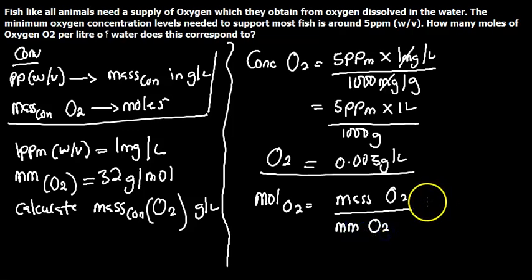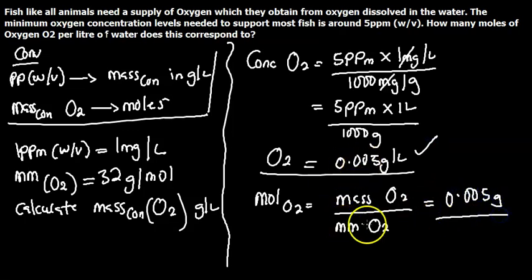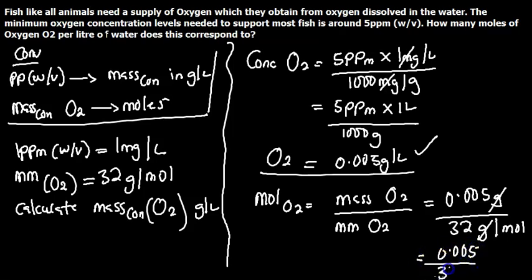We are given the mass of oxygen to be 0.005 grams divided by the molar mass, which we said is 32 grams per mole. In this case, grams will cancel out. We are going to be left with 0.005 divided by 32 in moles.